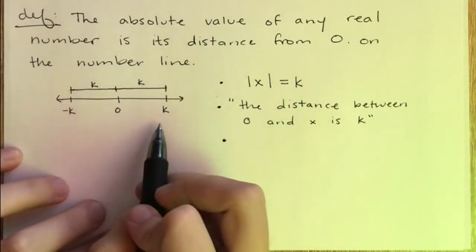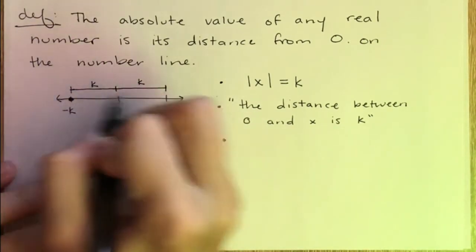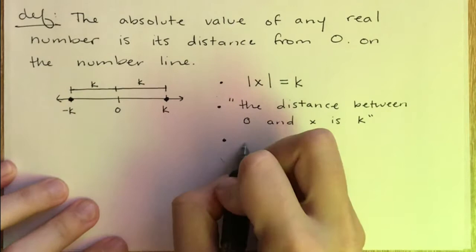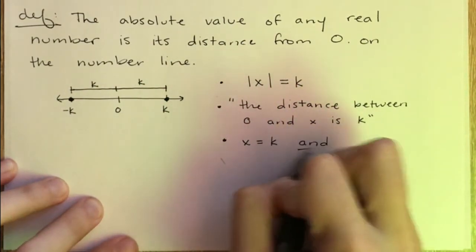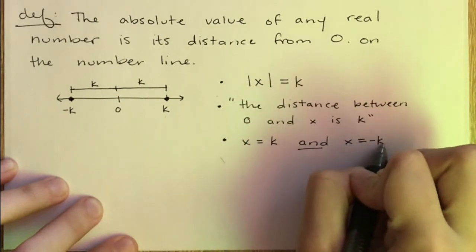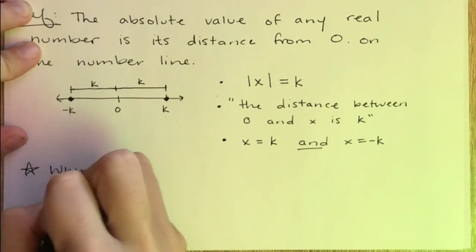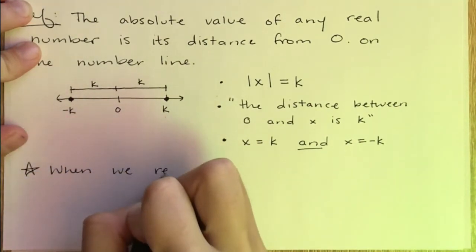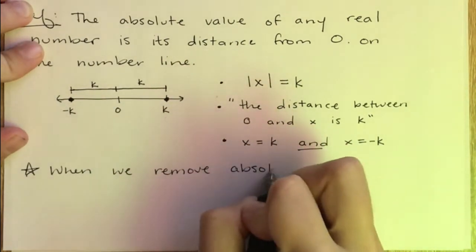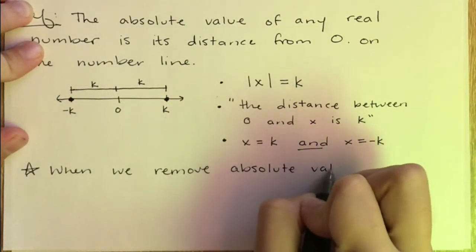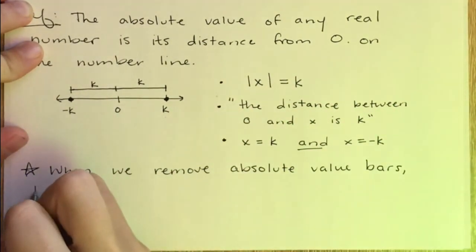So then x is equal to both of these, right? So x is k and x is negative k. So when we're solving for something inside of an absolute value, we can remove the absolute value bars, and when we do that, we have to set whatever's inside equal to both positive and negative k.